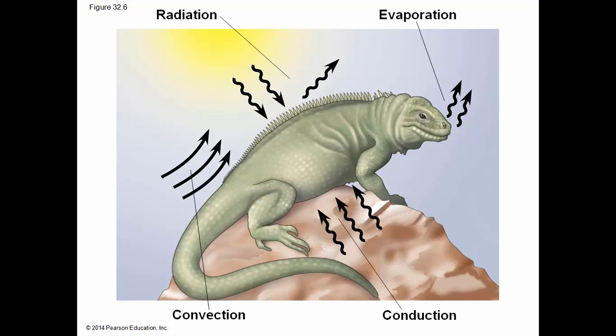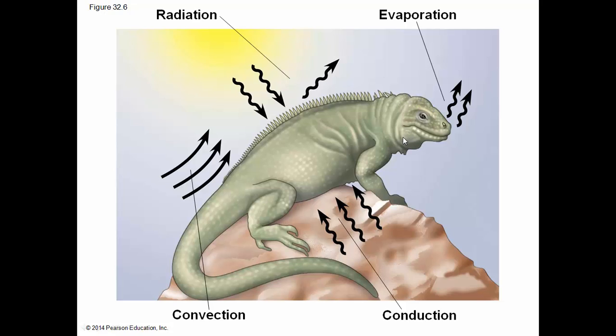Okay, here's our reptile, our iguana. It looks like it could be a Galapagos marine iguana. It's getting heat through conduction, and convection through the air may be cooling the iguana at this place. Evaporation, okay.